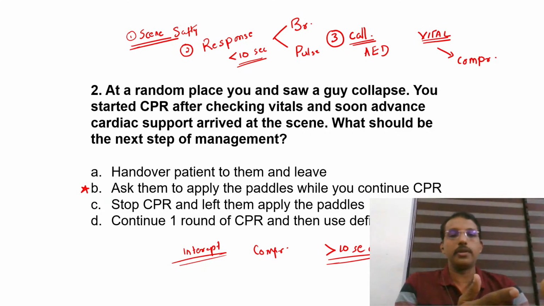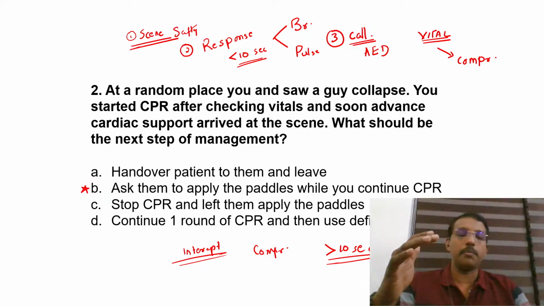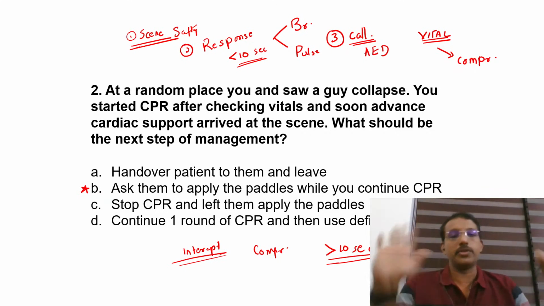Handing over the patient to them and leaving is absolutely out of the question. Stopping of CPR is absolutely not there, because when the paddles are applied, you should continue compression, and only when the shock is being delivered, you stop the compression.